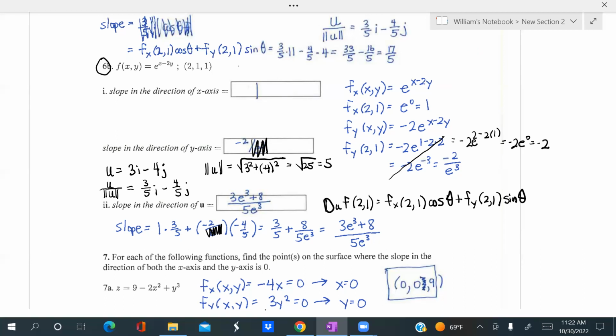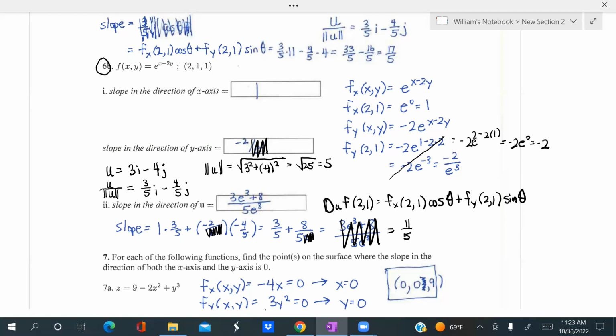So we're just going to plug those into our directional derivative formula. So we just need to simplify these calculations. Let's see. So that's going to be 3/5 plus 8/5. That e cubed is no longer necessary there. So it looks like we get an easy answer here for our slope. It's just 11/5, a little bit over two.